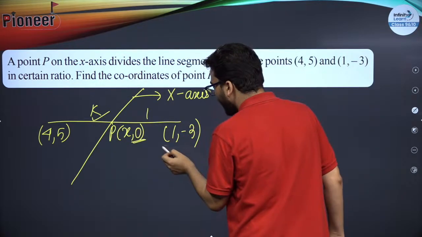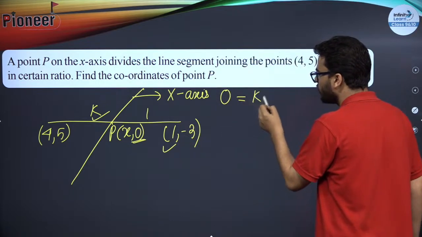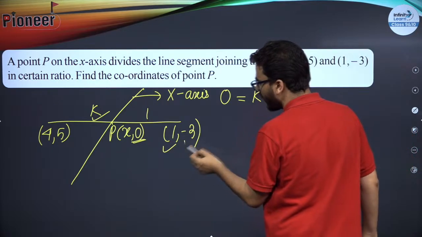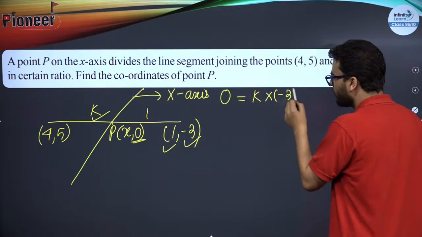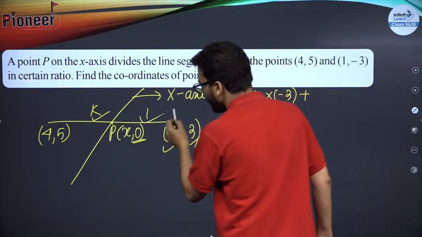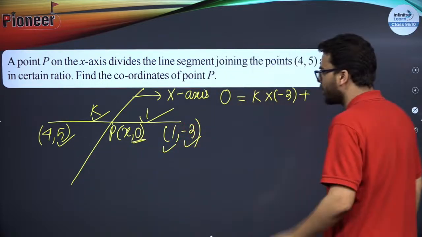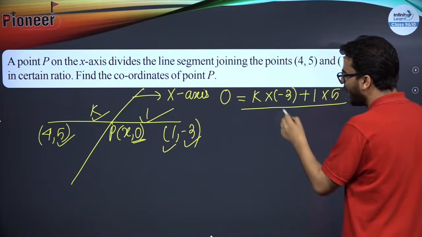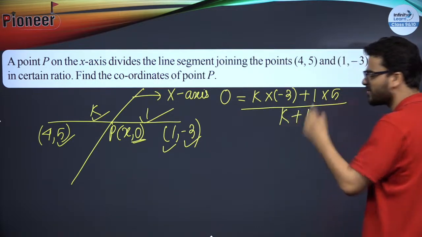That will be m y2, it means k into minus 3, I will take y because we are talking about the y coordinate. So m y2 plus n y1. Do you remember the formula? n y1, so 1 into 5 divided by m plus n, so that is k plus 1 over here.